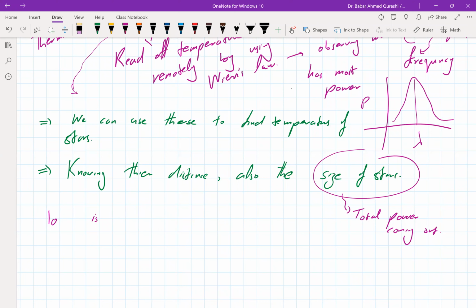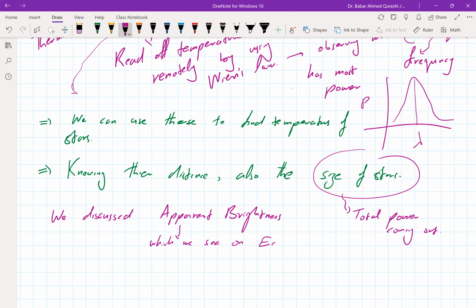Maybe I should mention that we also discussed apparent brightness, which we see on Earth, and luminosity, which is the inherent total power.